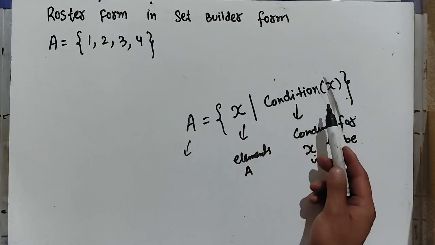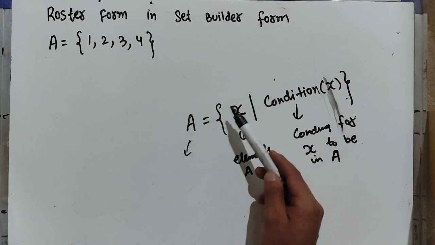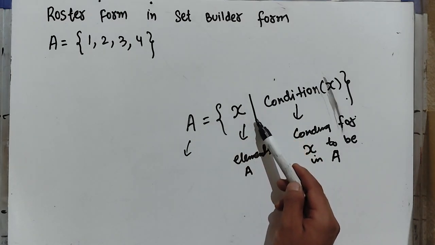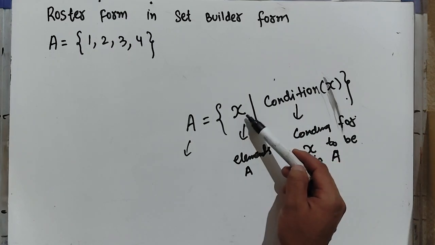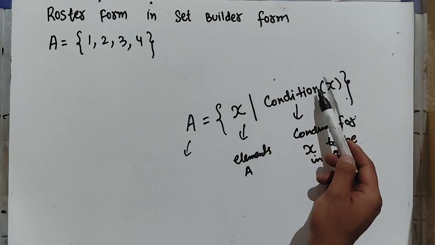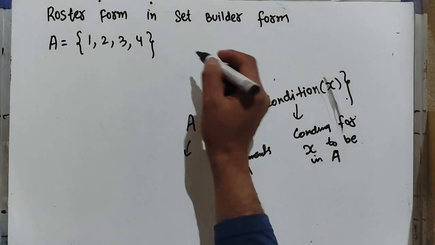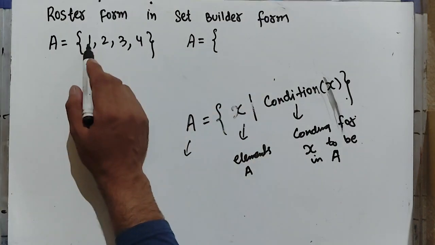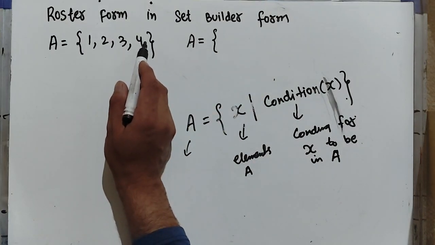Okay, so how do we pronounce it? We can say that A is a set of all elements x, such that x satisfies the conditions. We call this vertical line "such that". We have different kinds of conditions on x. So how do I write this in set builder form? We can write A is equal to, if we see these are all natural numbers and they are less or equal to 4.